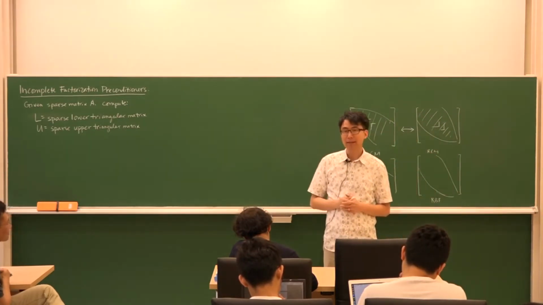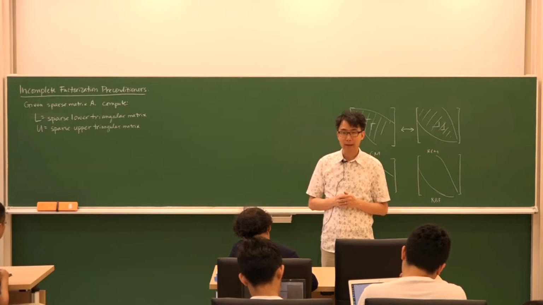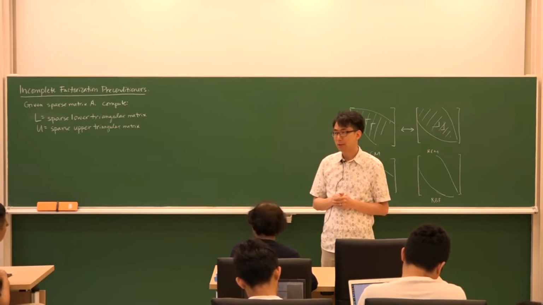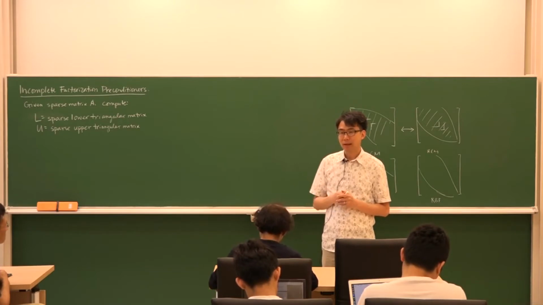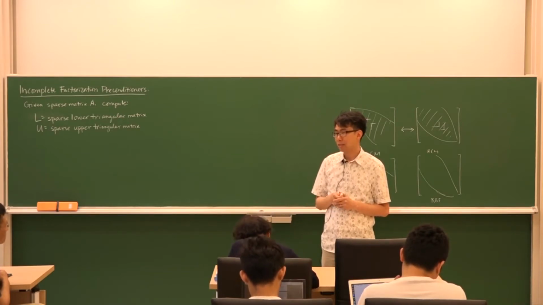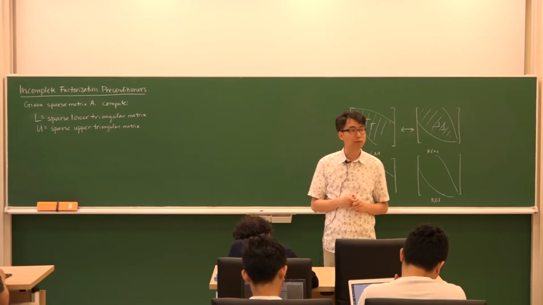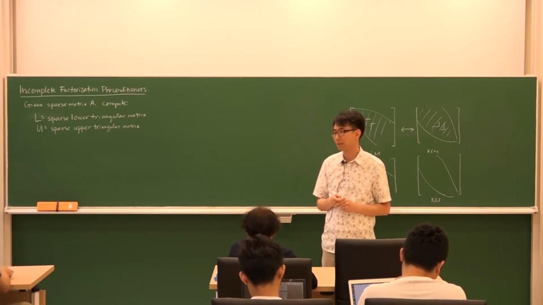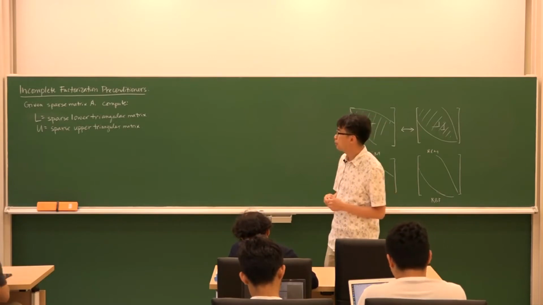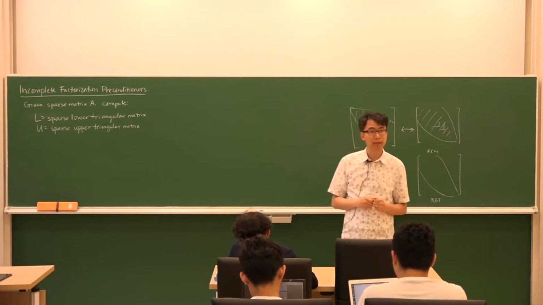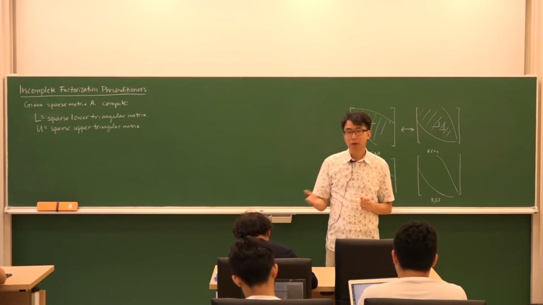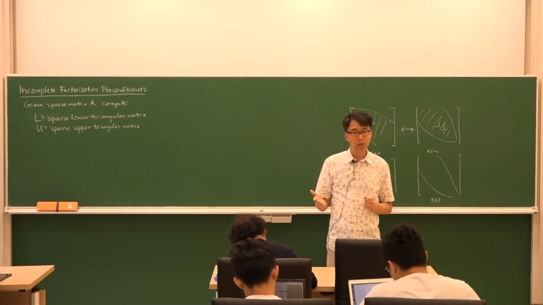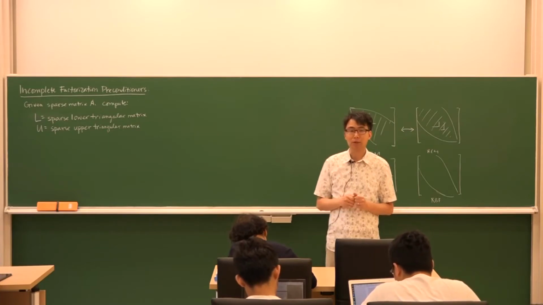Okay, so today we're going to start a new topic, and we're going to start talking about preconditioners, which are methods that can be used to accelerate the convergence of iterative methods, such as the conjugate gradient method that you learned in the first part of this course. And incomplete factorization preconditioners are probably the most well-known and the most popular preconditioners when you do not know anything specific about the matrix.